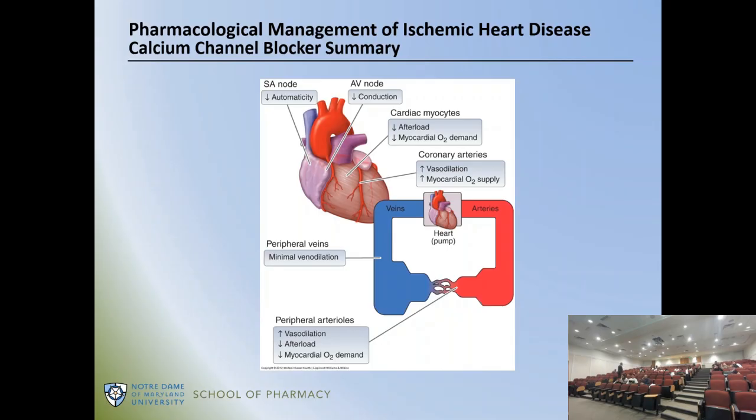Does that affect the preload because stroke volume affects preload, right? So, nope, preload affects stroke volume, not the other way around. Preload is the amount of blood in the left ventricle prior to contraction, right? Remember, the more blood in the left ventricle before it contracts, the more stretched the cardiac muscle is, and the more forcefully it contracts. That's the Frank-Starling mechanism, okay?